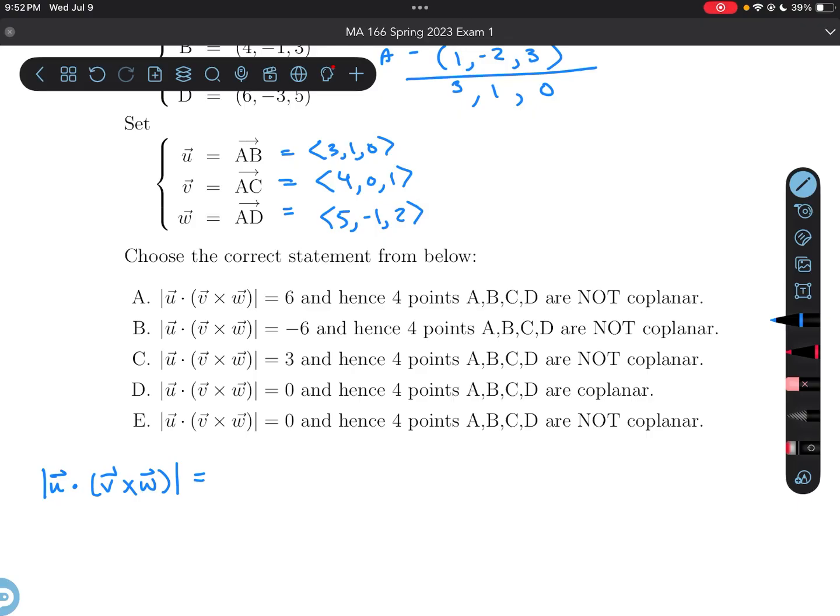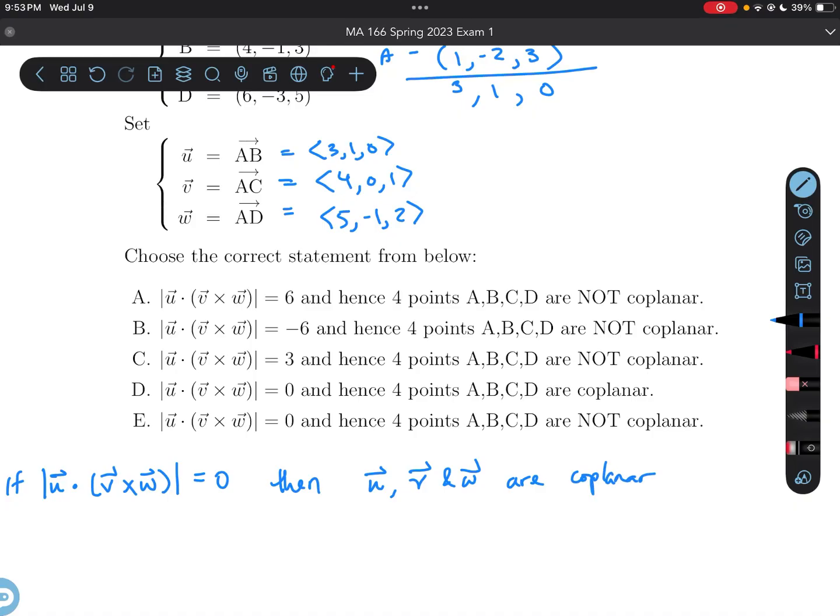And so the, I guess, theorem states that if vector u dot v cross w is equal to 0, then vectors u, v, and w are coplanar. So that is the theorem.